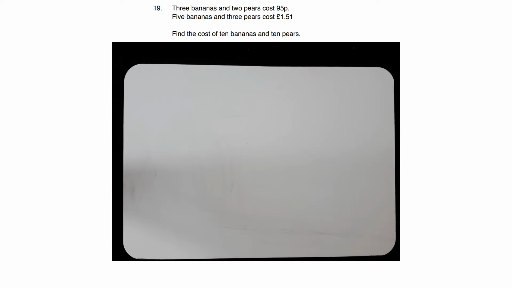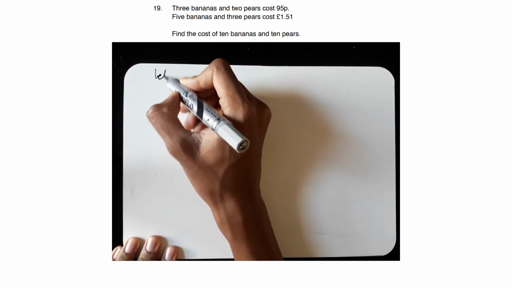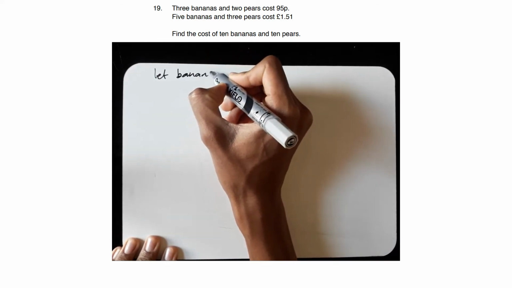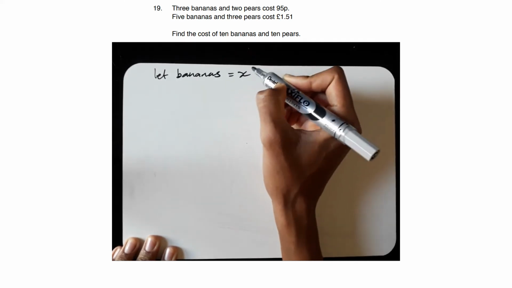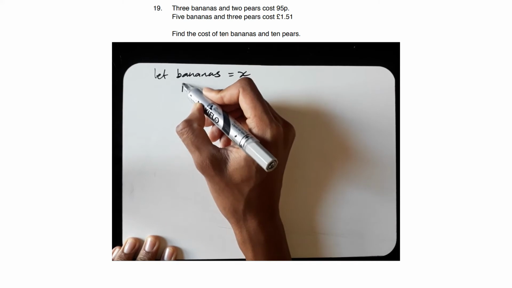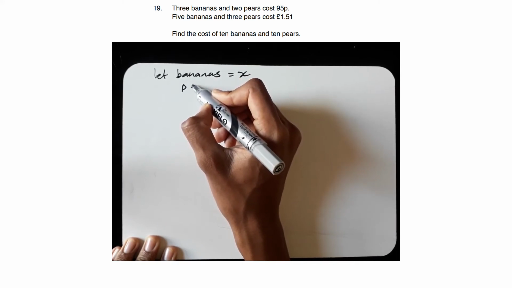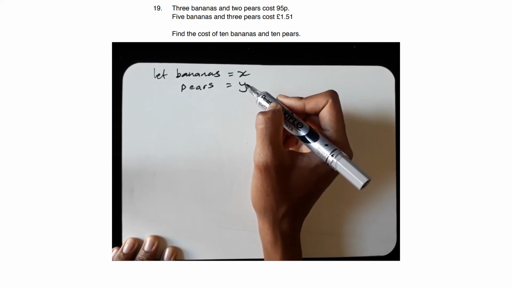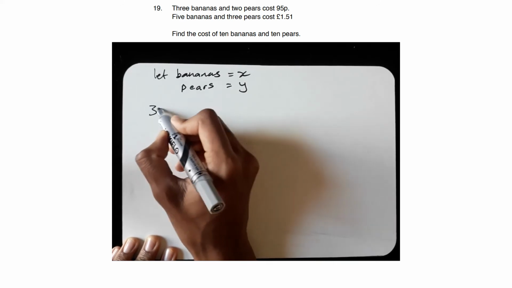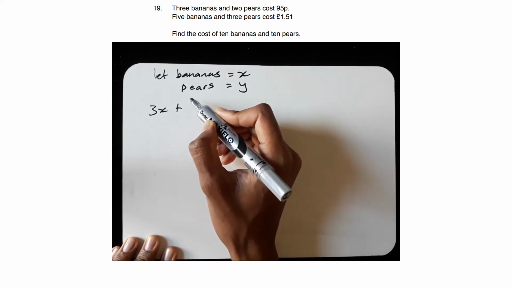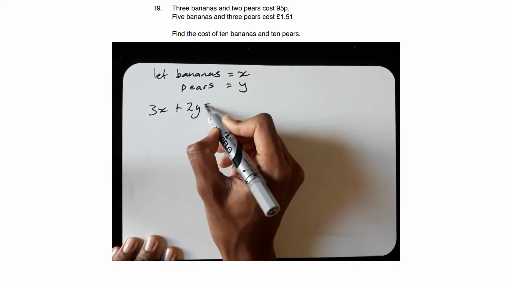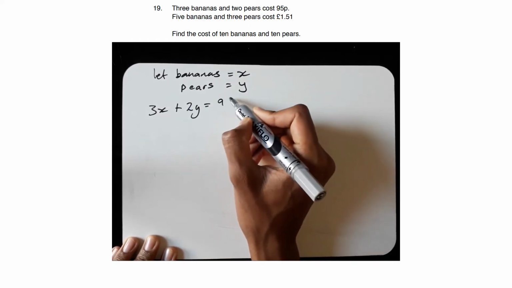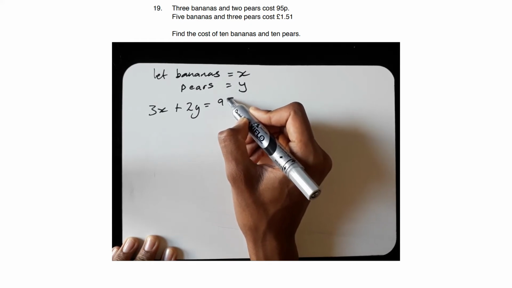So first of all, what we're going to do is change the bananas and the pears to variables x and y. So we're going to say let bananas equal x and pears equal y. So our first equation is going to be 3x plus 2y is equal to 95.